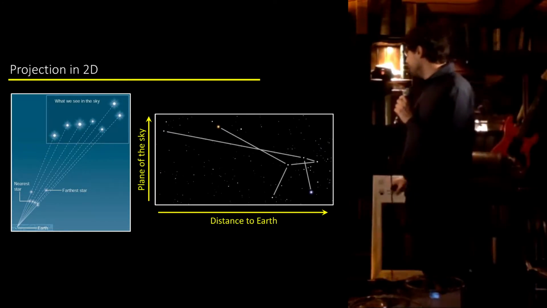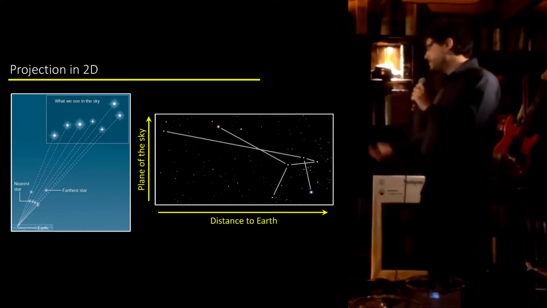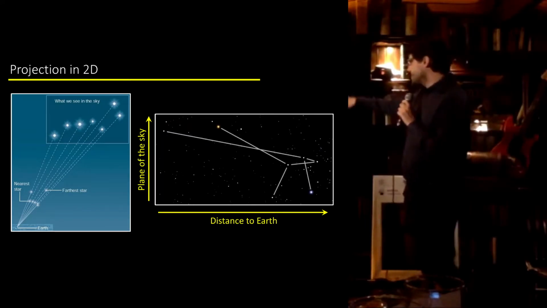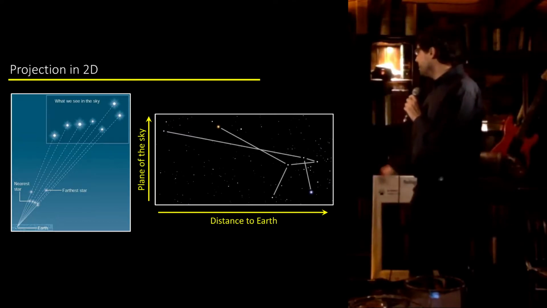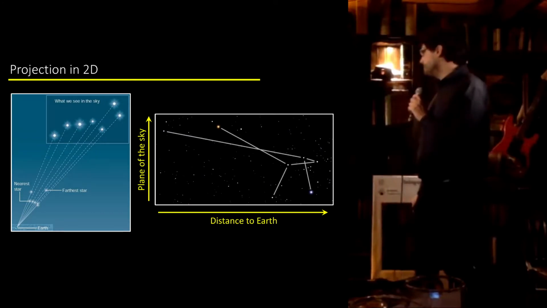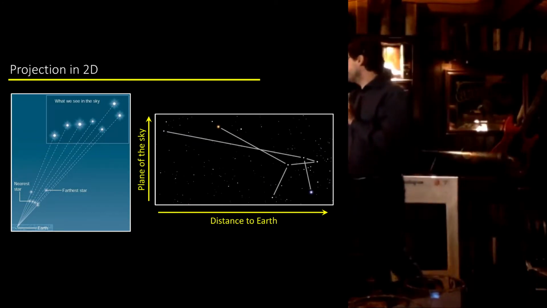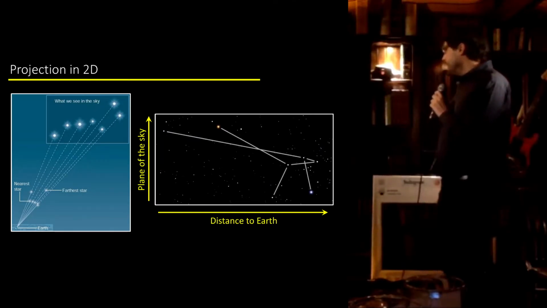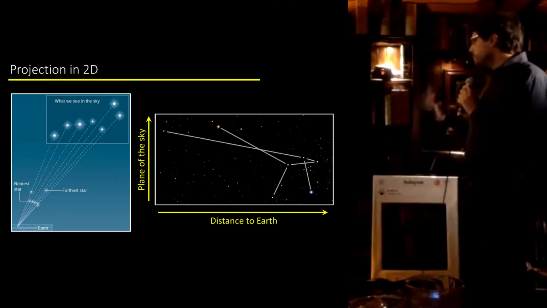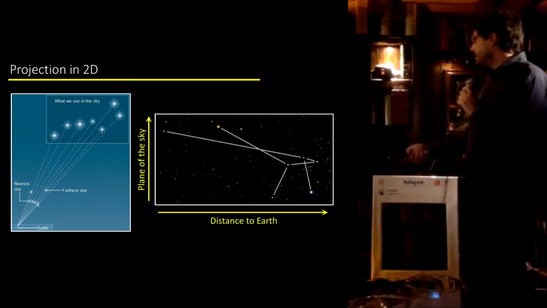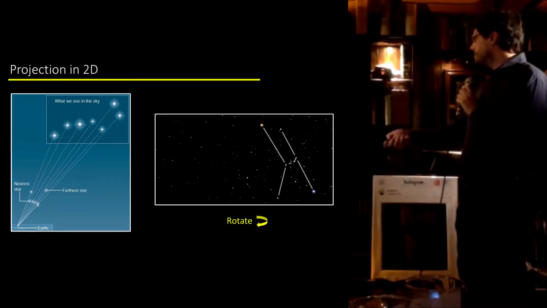Another example here, with a slightly different view on the right side, with this set of stars that you see from a different angle, where the horizontal axis shows the distance to Earth instead of the plane of the sky, and you just have one direction in the plane of the sky on the vertical axis. If you want to see how it looks in the plane of the sky, you have to rotate around the stars, and that's how it would look if you rotate slowly.